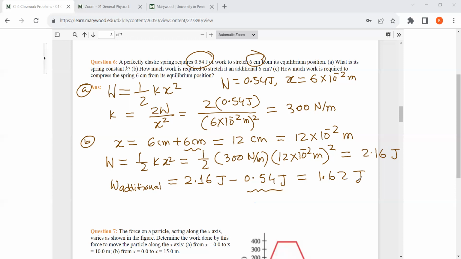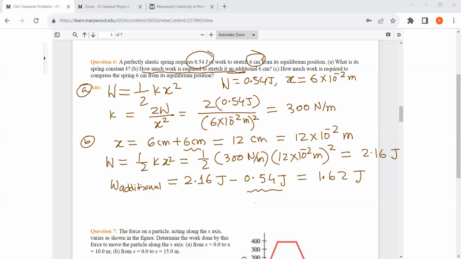So you have to be careful here. It didn't ask for the total work done. It asks for the additional work done we need. So by stretching it 6 additional centimeter, it doesn't require just the 0.54 joule of energy.